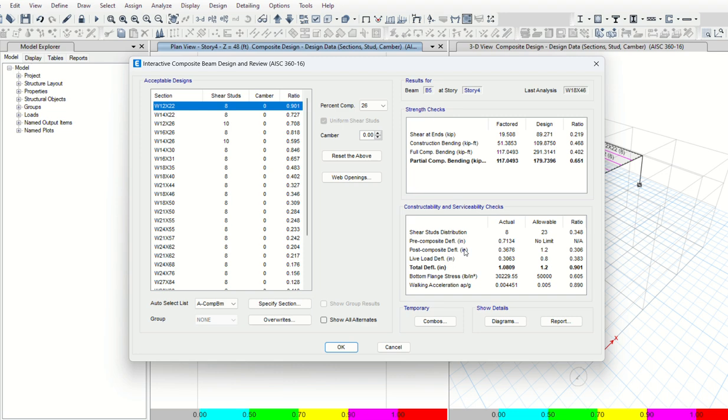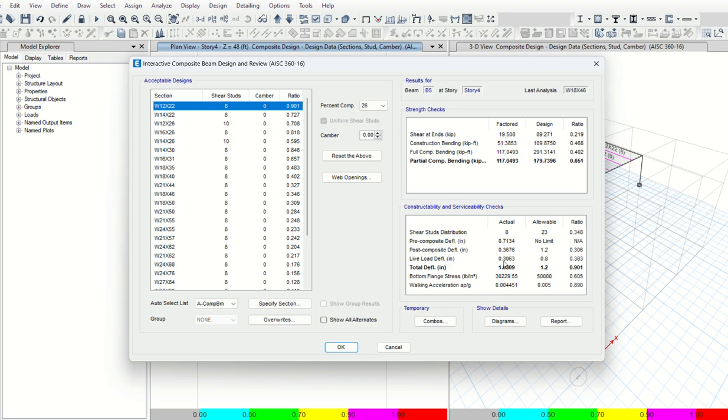So based upon the number of shear studs, the composite action will be determined. And since the composite action is determined, the moment of inertia will be calculated based upon two materials, and they calculate the deflection under superimposed dead load plus live load. See, that's the post-composite action deflection.